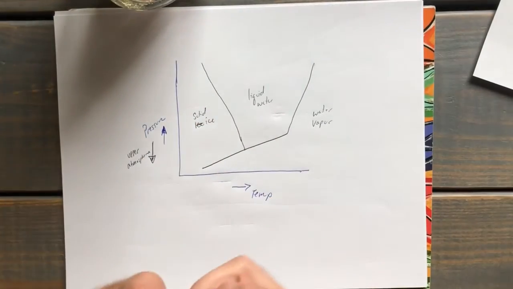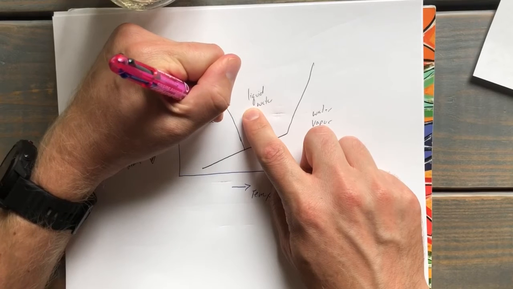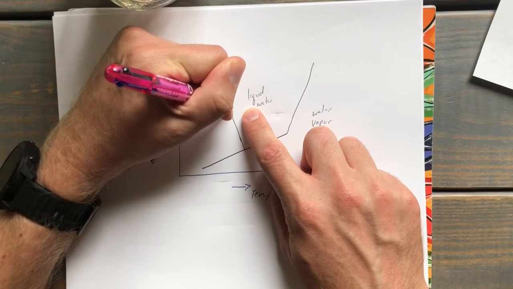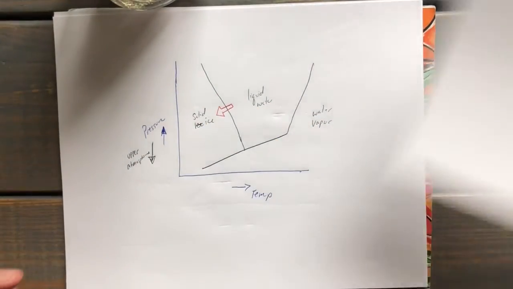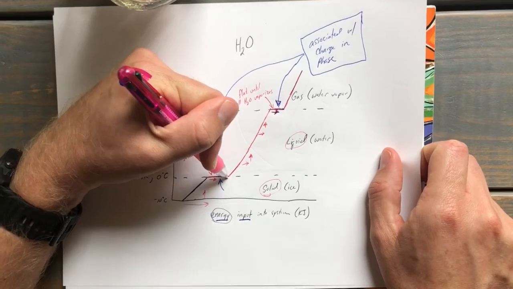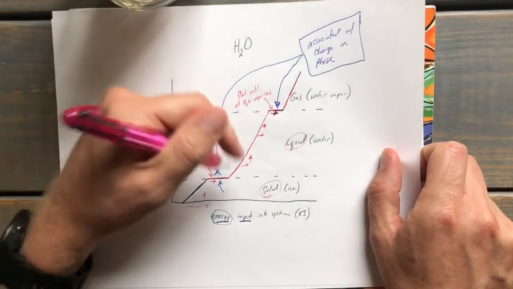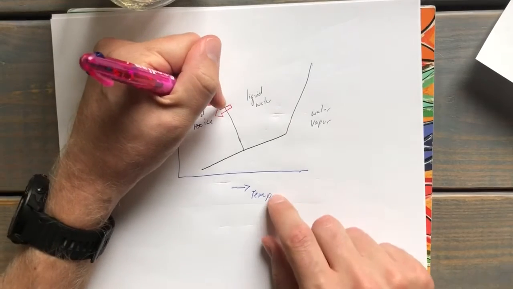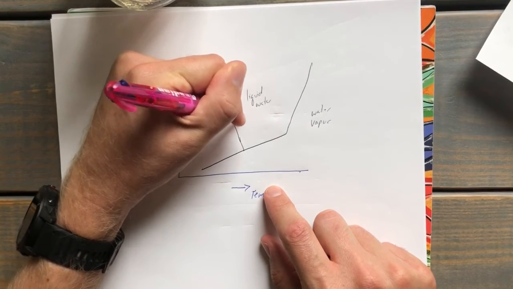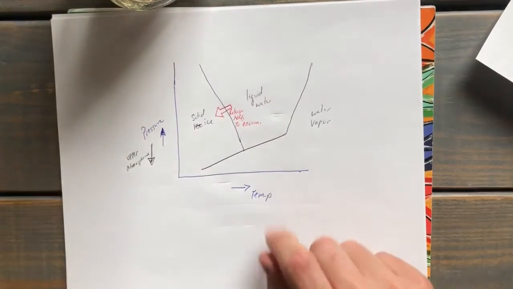Let's say that I have liquid water that's cooling down, and it reaches the freezing point. So liquid water right here, cooling down. That liquid water, in order to convert to solid ice, has to release energy to the environment.